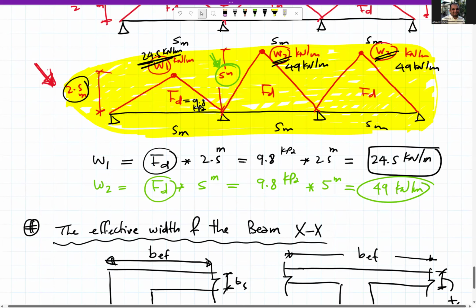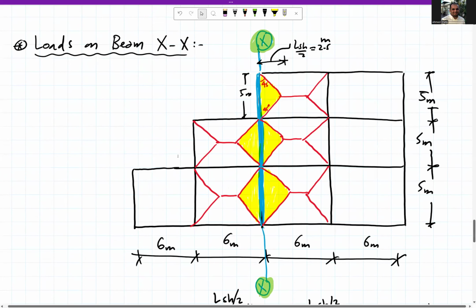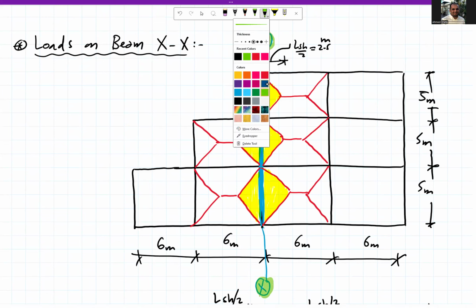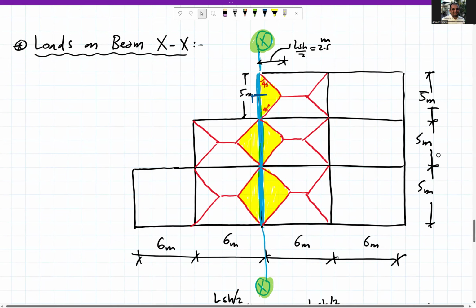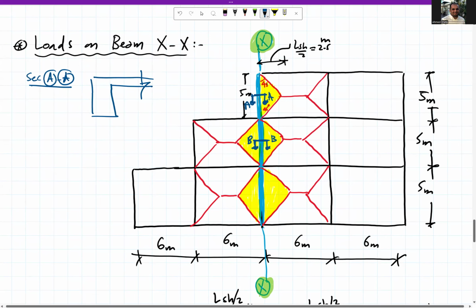Okay, where can these two be found? If we cut here in the beam, here and here, let's say this section AA and this section BB. In section AA, we will find that we have only slab from one side of the beam. So this is L section at AA because we have only slab on one side.